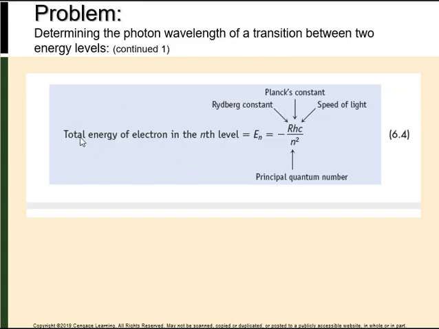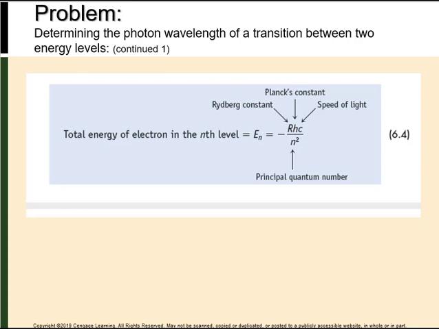So this says that this is able to tell us the energy of an electron in the nth level, En, is equal to the Rydberg constant times Planck's constant times the speed of light, all divided by the principal quantum number squared.